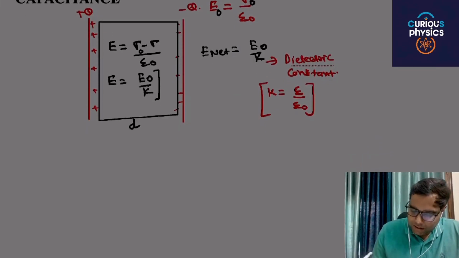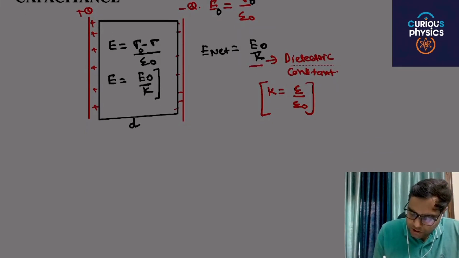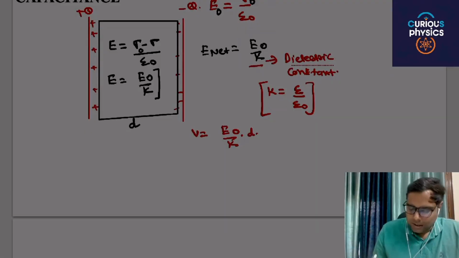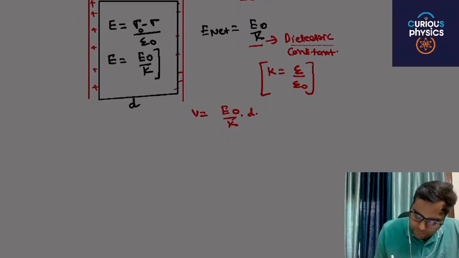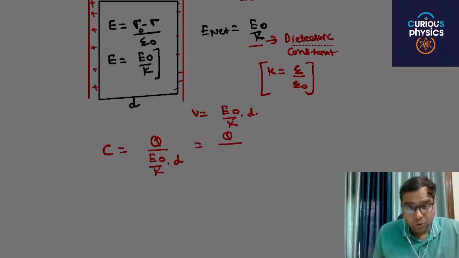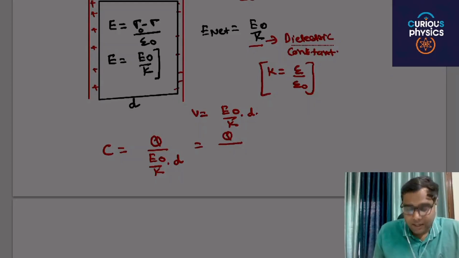Then if this is E net, the potential will be equal to E naught by K into D. Then easily we can say the capacitance will be equal to charge by V, that is, Q over E naught by K into D. And the value of E naught, you already know, is sigma by epsilon naught.